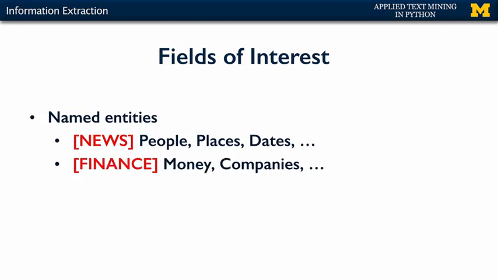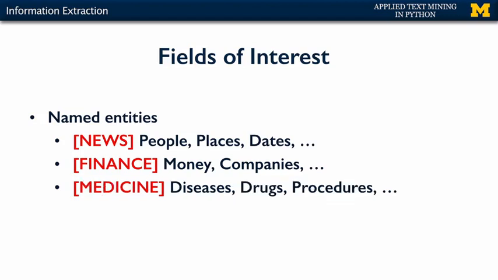If you're talking about finance, you're talking about money or monetary values, about how much a particular sale was for, or the names of companies, or the stock price index of a particular company. When you're talking about medicine and health, you're talking about diseases and drugs and procedures.